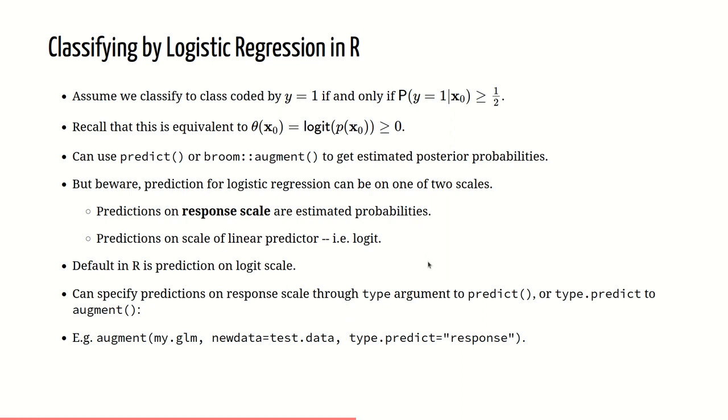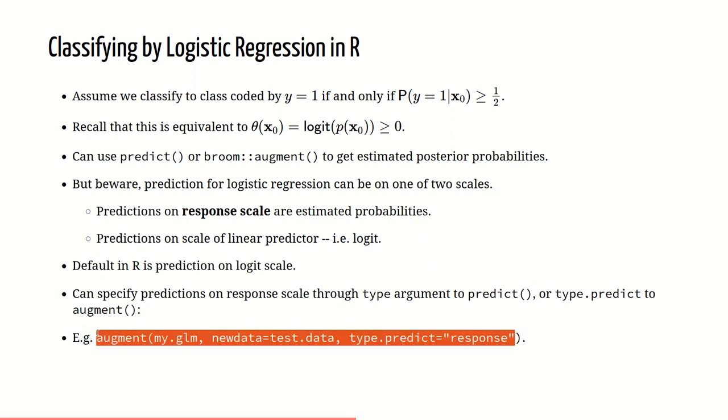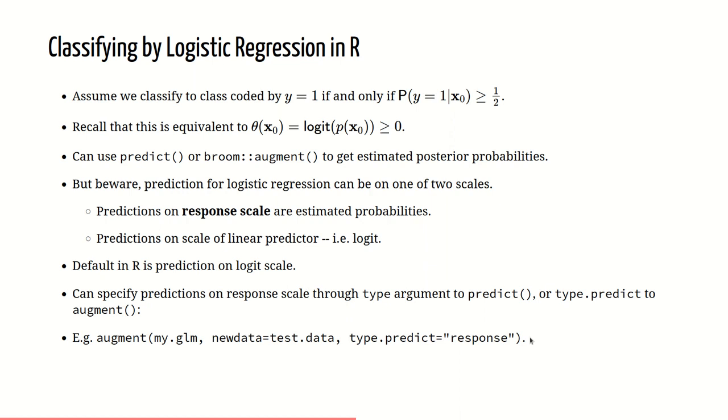So that's before we've unlogited or logistic-ed the linear predictor. And by default, it's going to give you a prediction on the linear predictor scale. You can change it, so you can with augment, for example, or predict. You can specify that the type of prediction is going to be the response rather than the linear predictor.